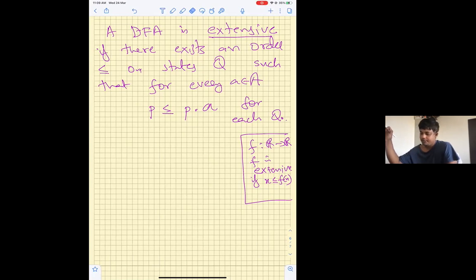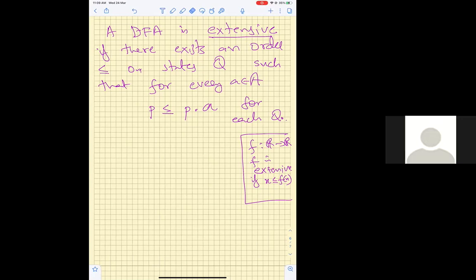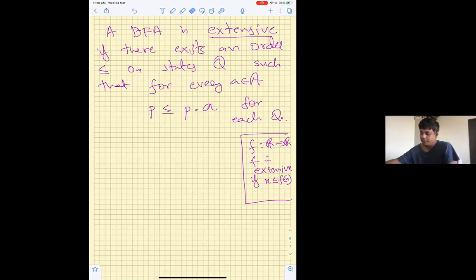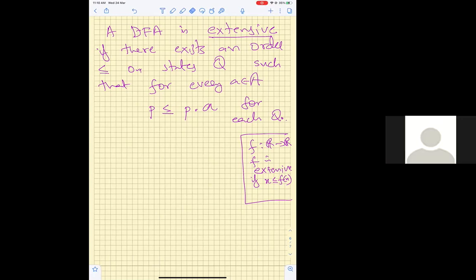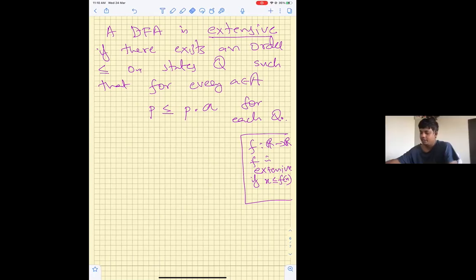Is it clear, this definition? So here the function f will be the transformation function of the letter A. Here it will be just the transition relation. The transition relation will be like an extensive function, but it's a DFA.